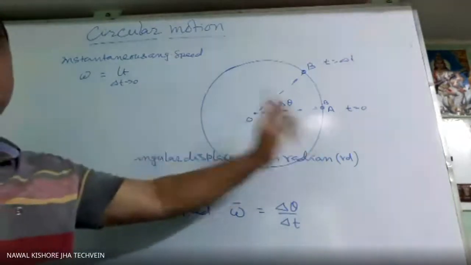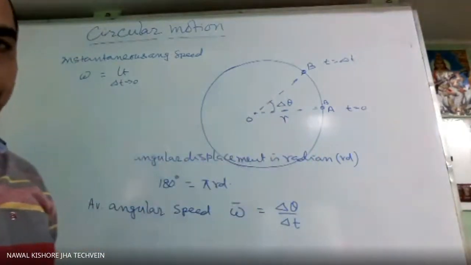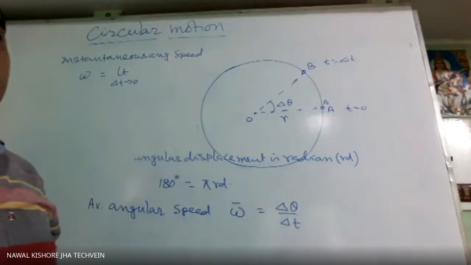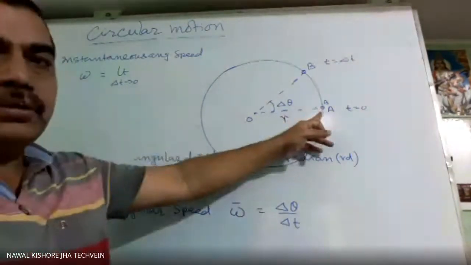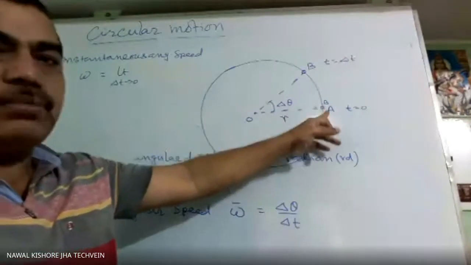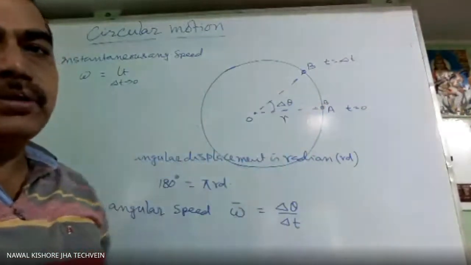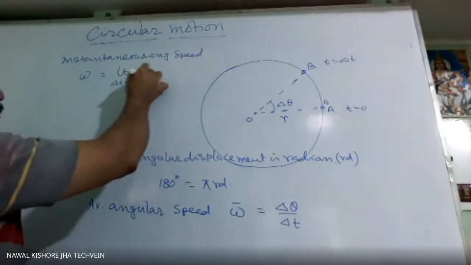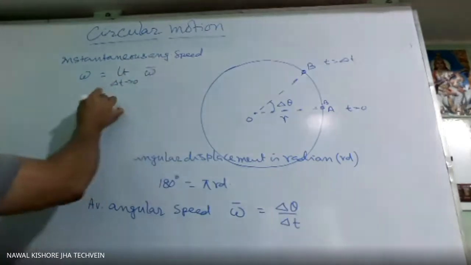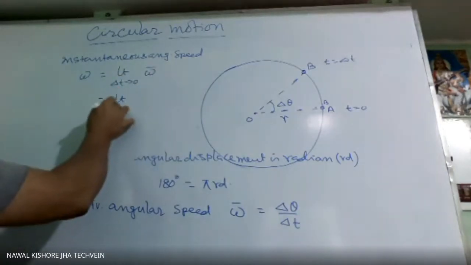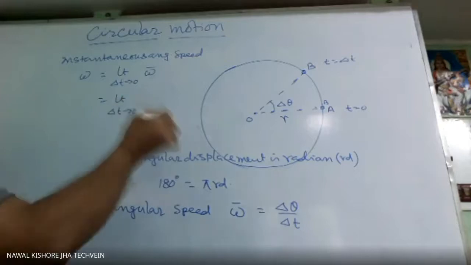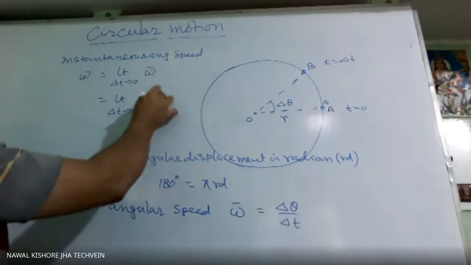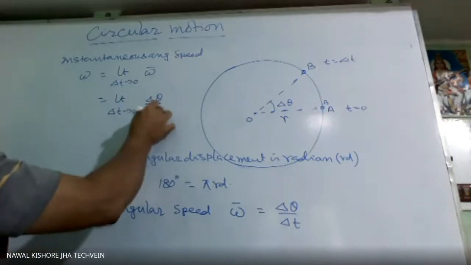Instantaneous speed is also average speed, provided we are calculating the average for positions of the particle which are very close to each other. So this is omega bar, that is average. So it will be limit delta t tending to 0 of delta theta over delta t.